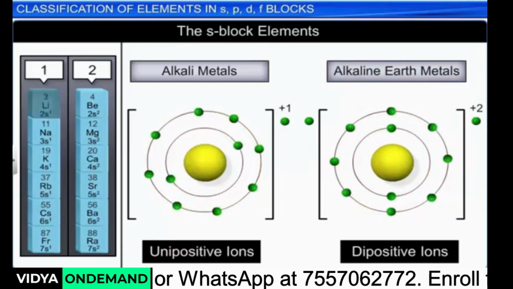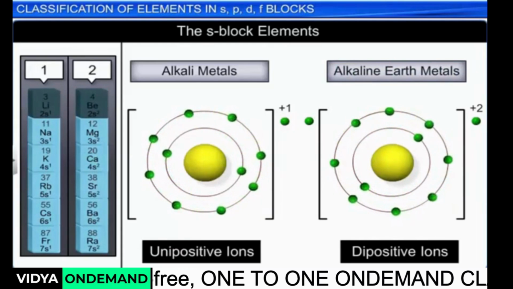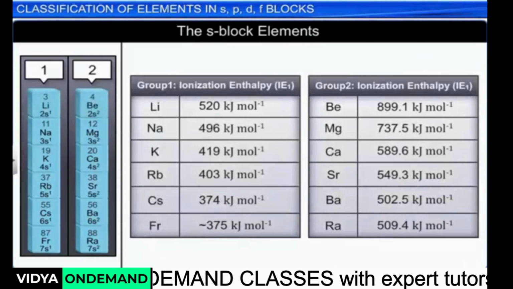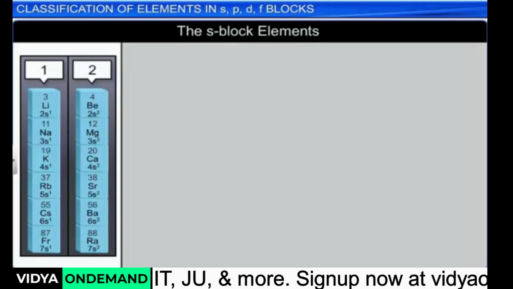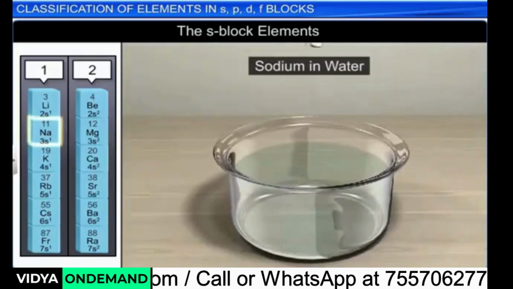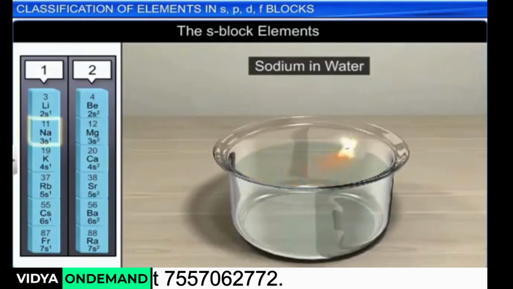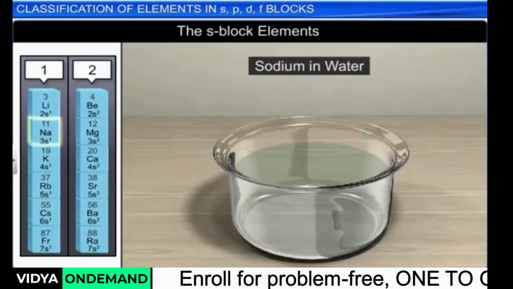Due to low ionization enthalpies, s block elements are highly reactive and therefore are never found in pure form in nature. They always occur in combined form in nature.